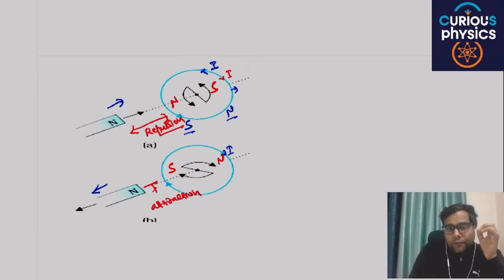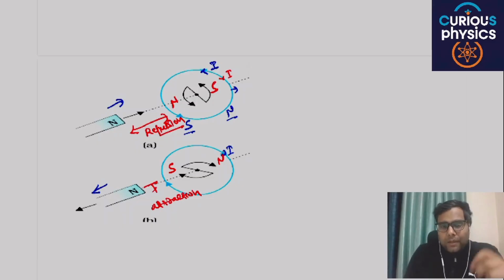If there is a force of attraction, then this magnet can be attracted toward this loop without the help of any external force. Meaning to say that you don't have to apply any external energy to move this magnet toward this coil.